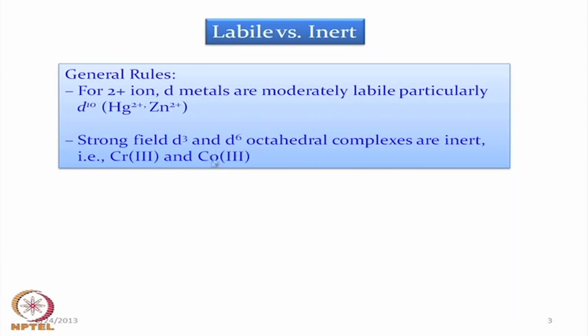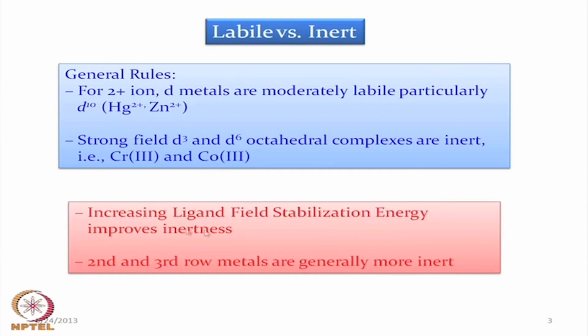That means if the solution stability of the compound is there, then only we can crystallize in the solid state, otherwise that compound will decompose in our time. So, increasing the LFSE values improves the inertness. For these d3 and d6 octahedral complexes, the LFSE values are pretty high. That is why they have the corresponding inertness.